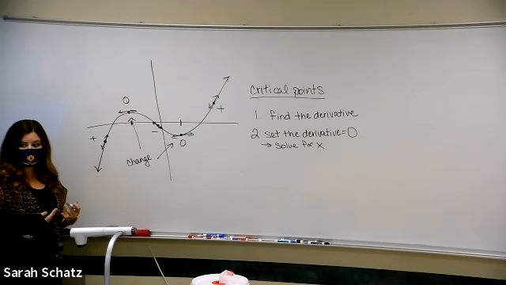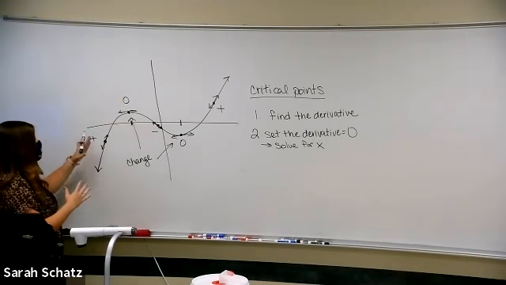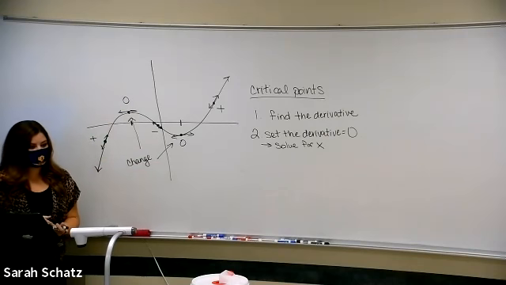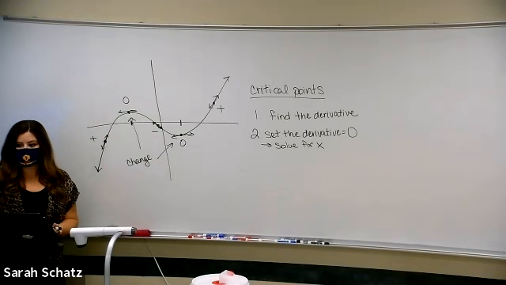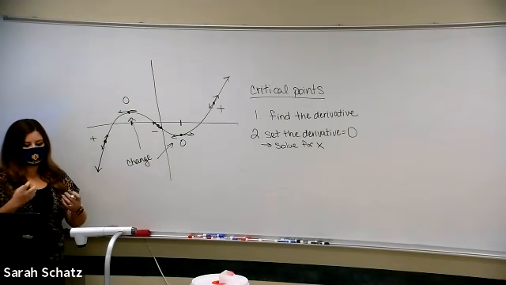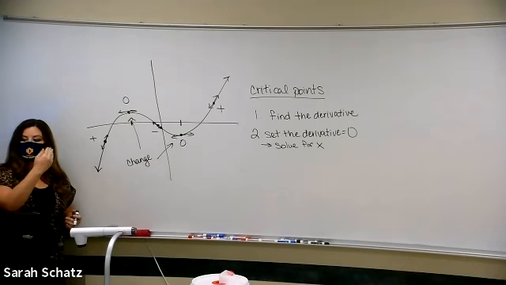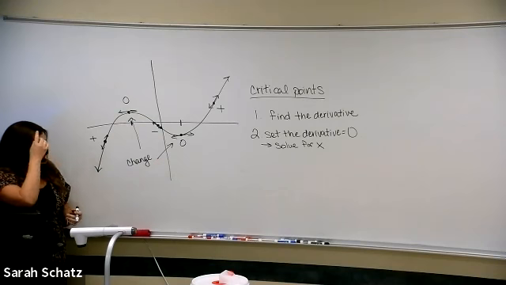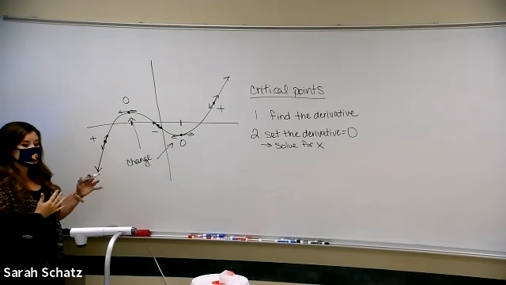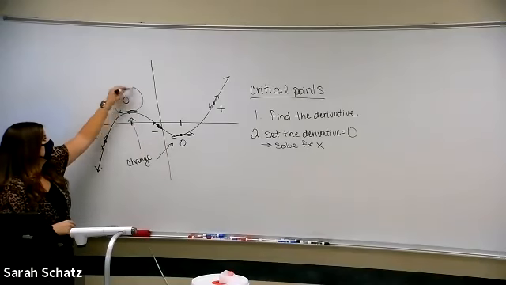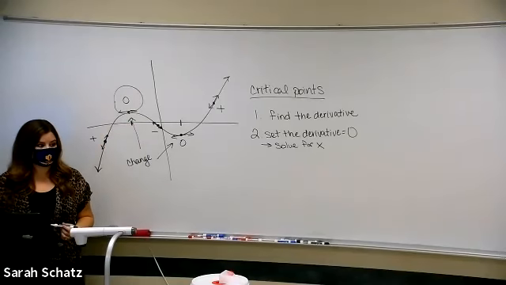There is no other place where the graph can go from positive to negative without going through 0 first, right? That doesn't make sense unless our graph was broken up or jagged or it had holes in it. The graphs we're going to look at are smooth and continuous. So you know the only time a graph could change from going up to going down is if it goes through one of these critical points.